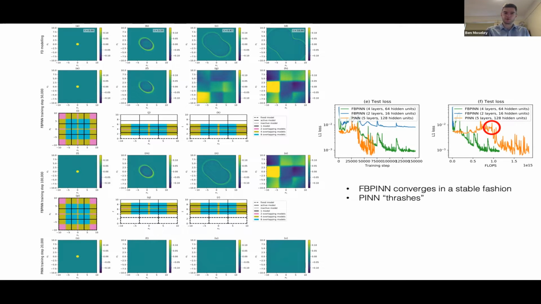And it's only after lots of training steps that it suddenly snaps to the solution. And so if you had an even bigger domain with a really small point source, I'm not sure that would converge.